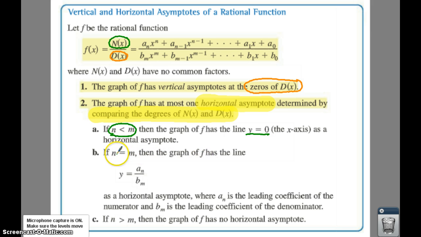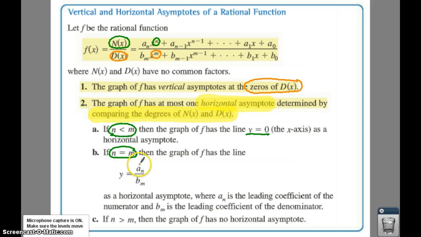So that's your horizontal asymptote. n is the degree of your numerator, m is the degree of your denominator. So if the degree on top is less than the degree on bottom, that's when you have y equal to 0 as your asymptote.